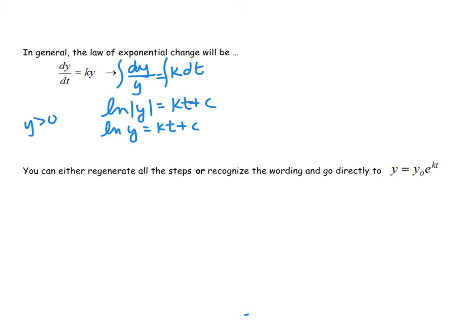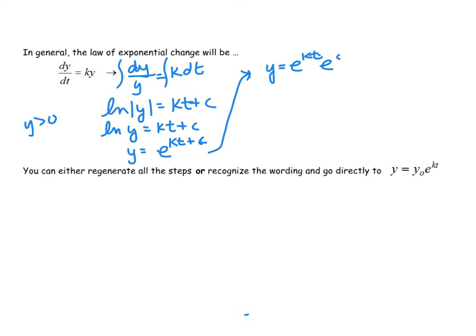And then this will be y equals e to the kt plus c. And that means that y will equal e to the kt times e to the c.